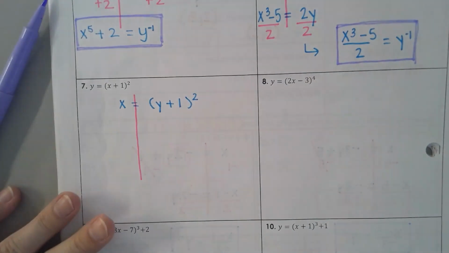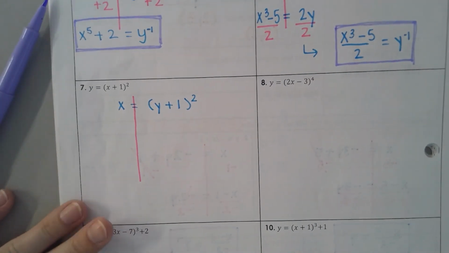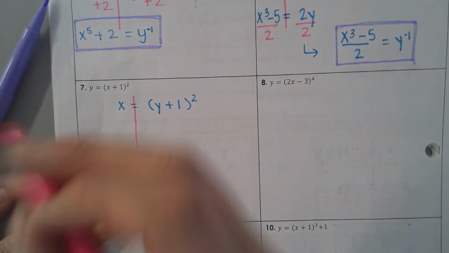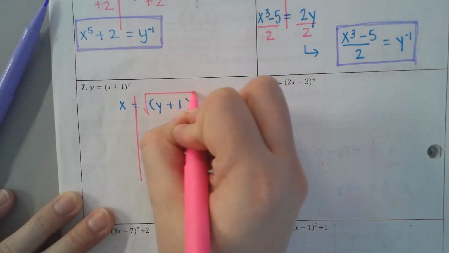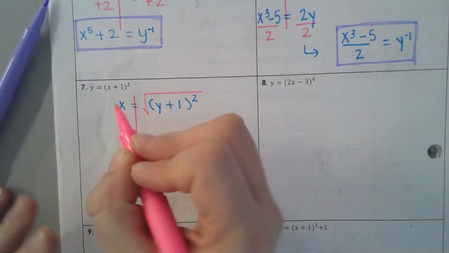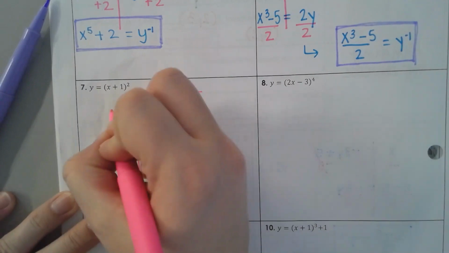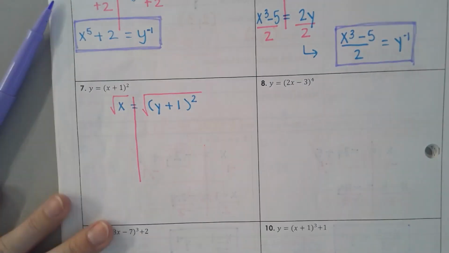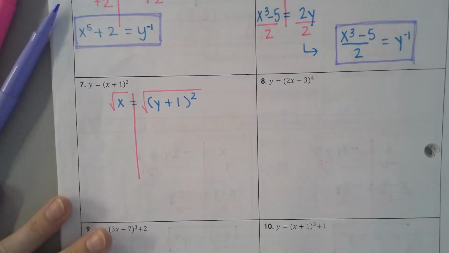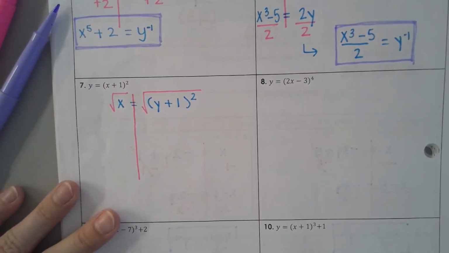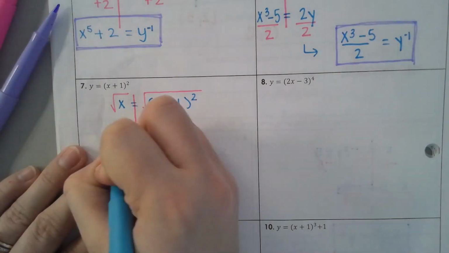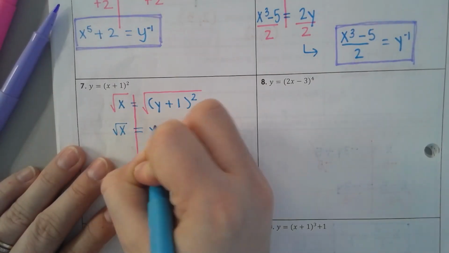So that's what I have to get rid of first. And how would I do that? The square root. Good. Now with the square root, you don't need to write a little 2. That's just assumed. So we do the square root. And that gives us the square root of x equals y plus 1.